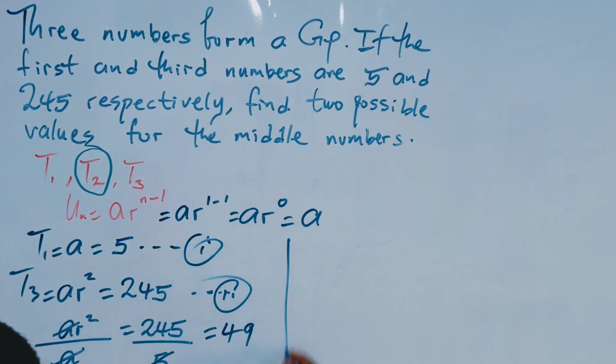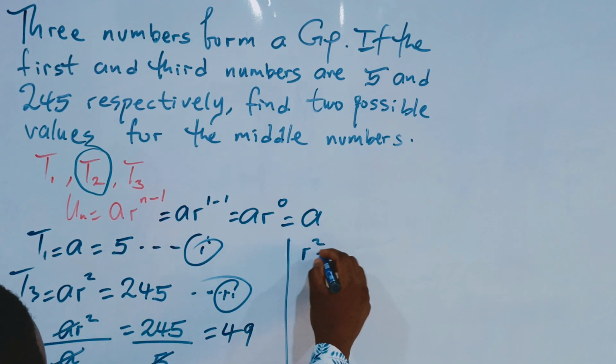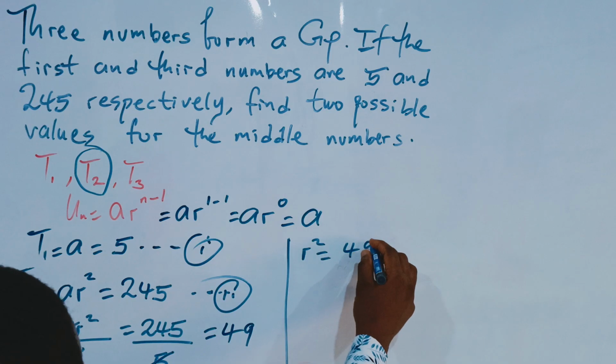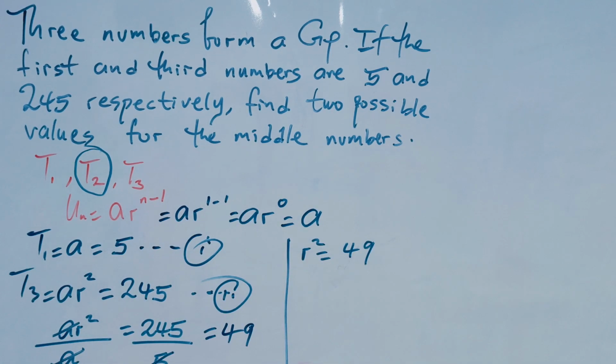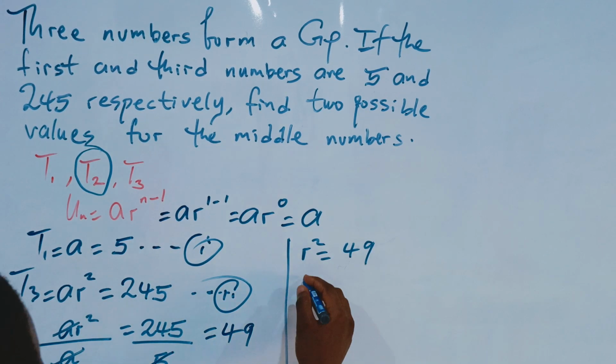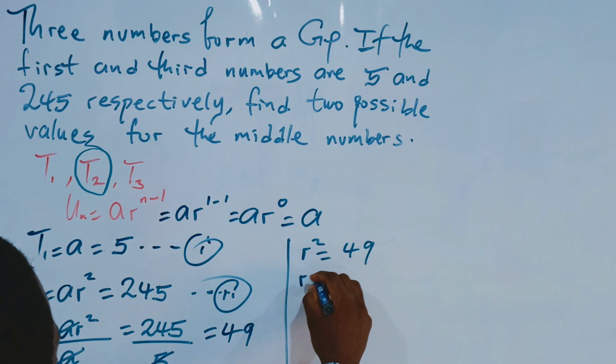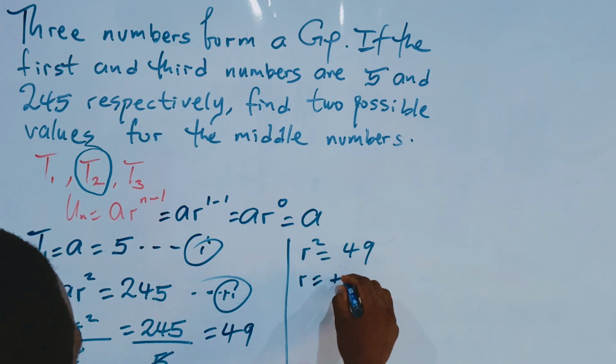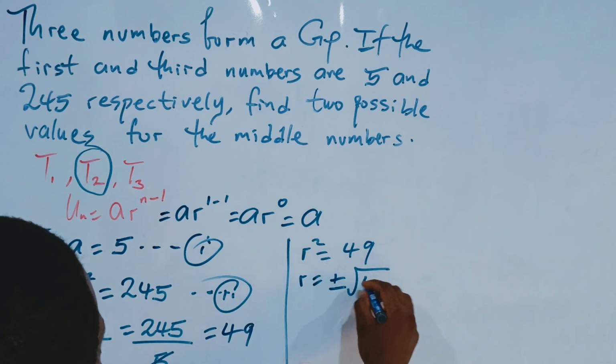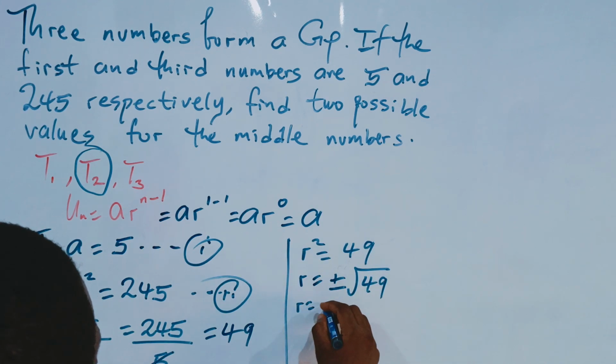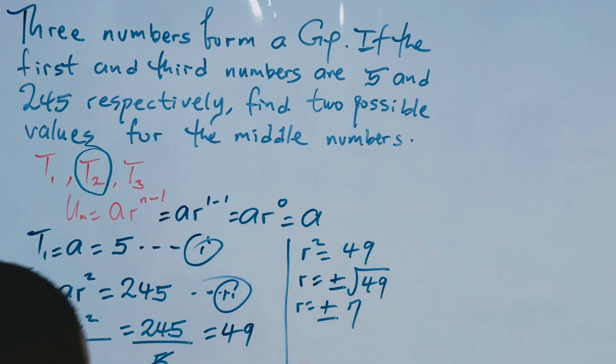So we have r^2 equals 49, then you take the square root of both sides. r equals plus or minus the square root of 49, so we have r to be plus or minus 7.